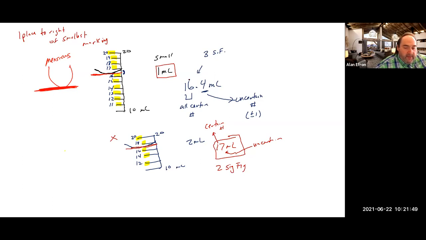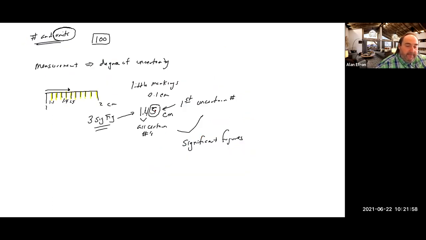We were able to take the reading one more place to the right to the 0.1 spot. In the previous example, the smallest marking was 0.1. We were able to take the reading to one more place to the right of the smallest marking. So we're able to typically, in most cases, take our reading to one more place to the right of the smallest marking. Any questions on that there?